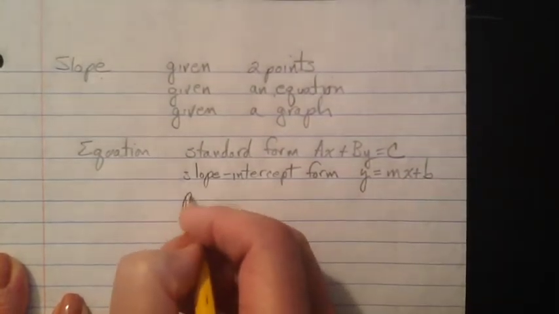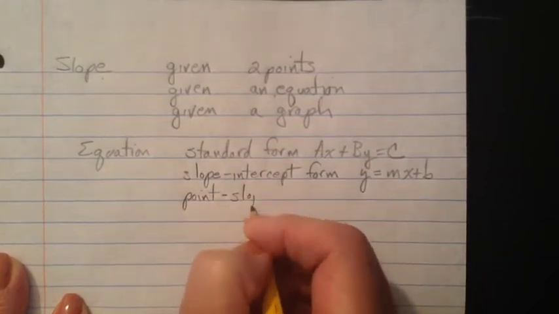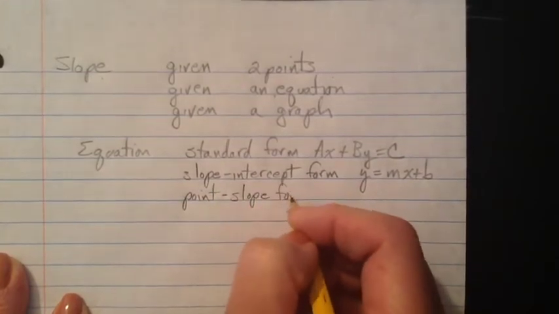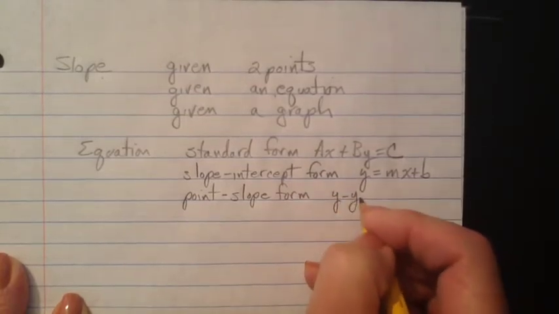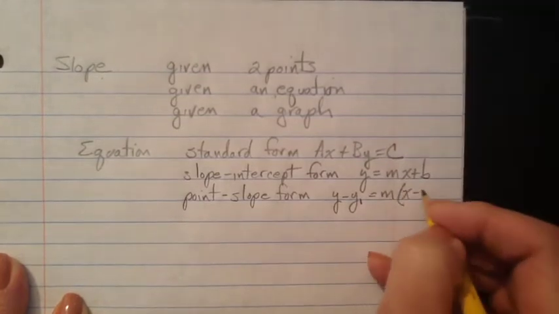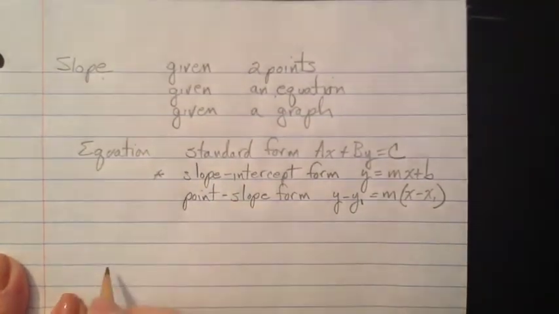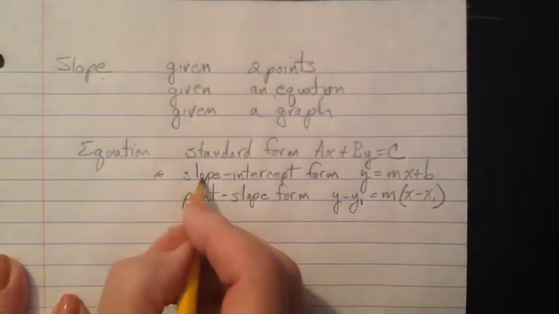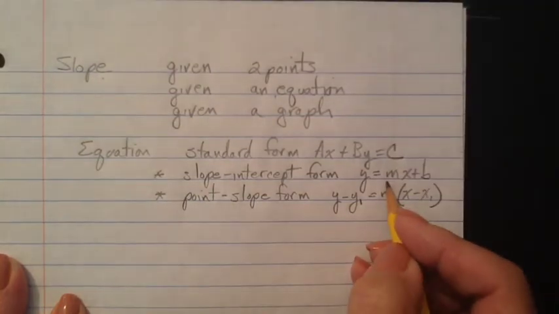Or it can be in point-slope form, y minus y sub 1 equals m times quantity x minus x sub 1. Now, if the equation is either in slope-intercept or point-slope, the slope is given in the equation.